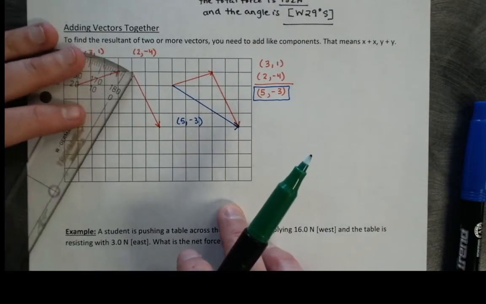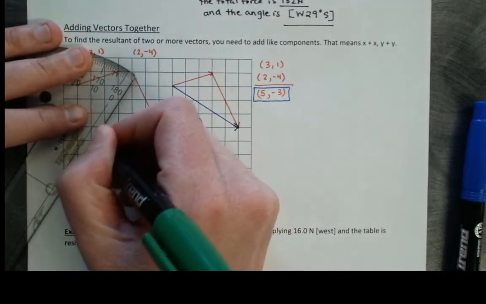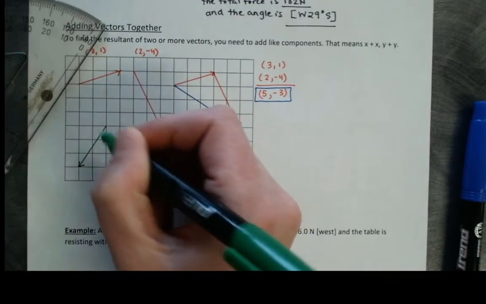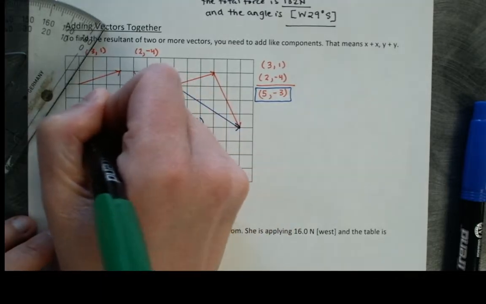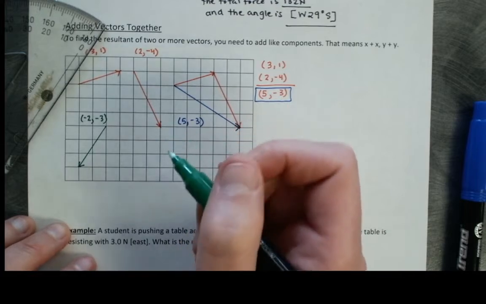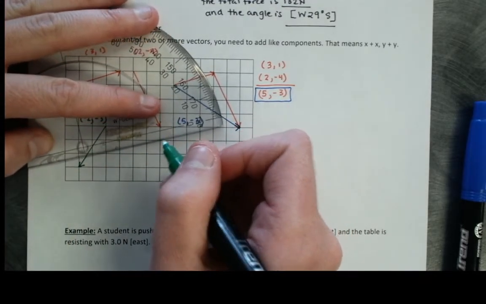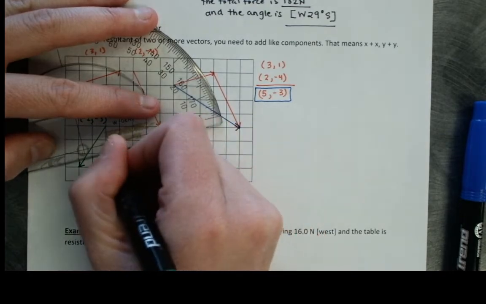Let's look at this guy. It's 2 to the left, so -2, and 3 down, so -2, -3. Let's add it with this vector.